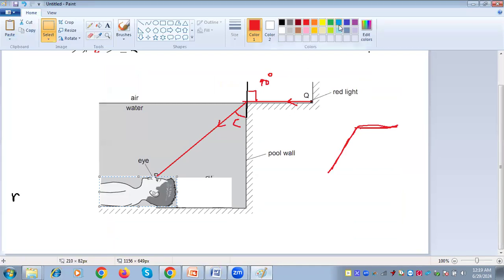If blue light is taken, it may go this way and the boy may not be able to see the blue light. If this is blue light, it will go this way and its critical angle may be slightly smaller because it has greater frequency. Okay, so the refractive index of the medium will be different for the blue color. So it is not reaching the eye of the boy.